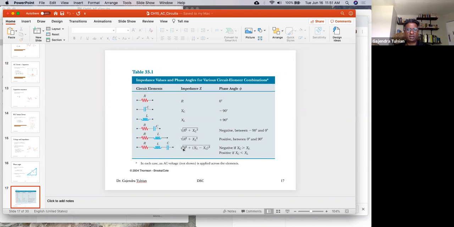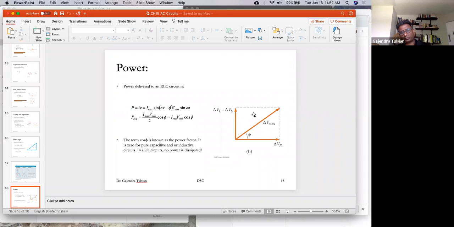And when you have all three in combination, there's a Z, and if XC is greater than XL, then it's a capacitive circuit, and if XL is greater than XC, then it's an inductive circuit. All right, so there are the impedances and phase angles for all these combinations.